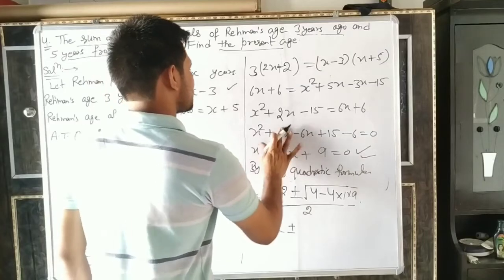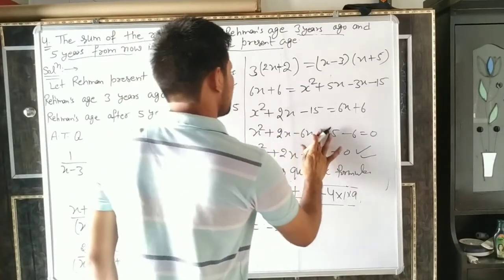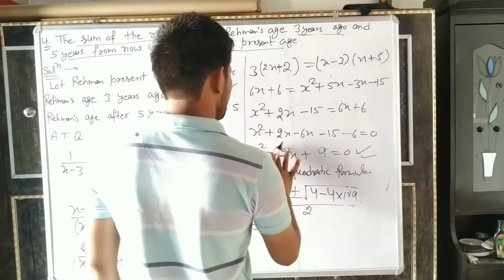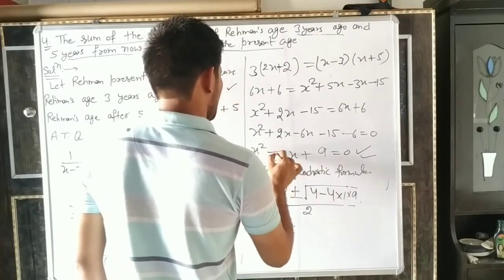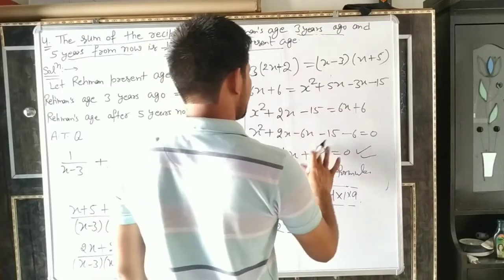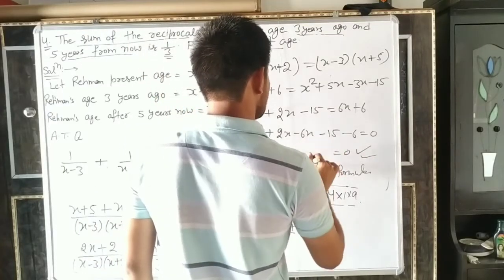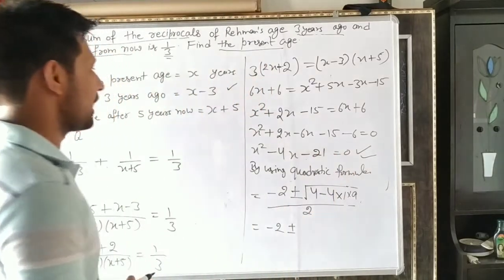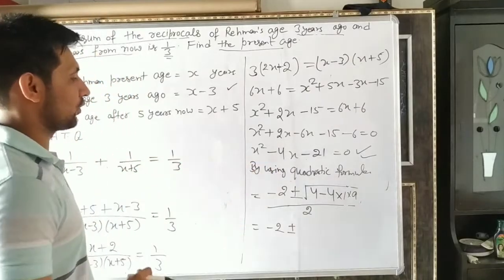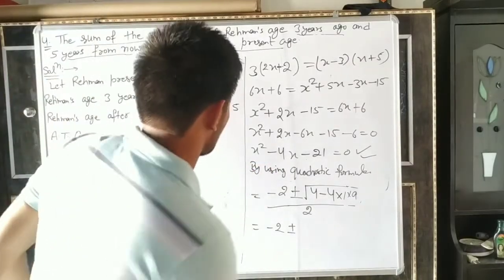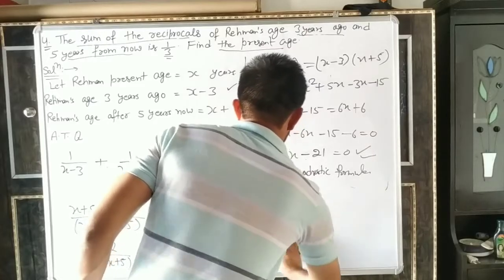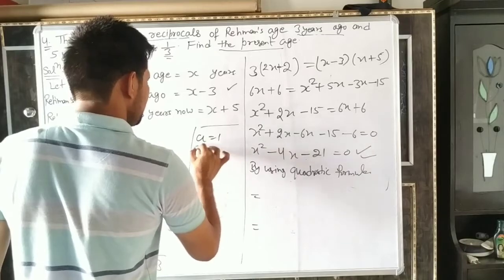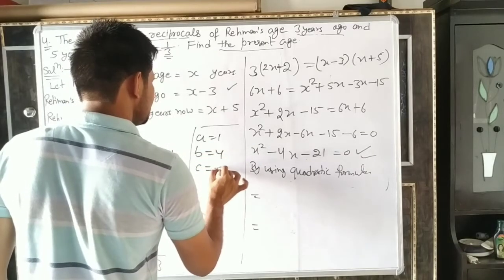And 2x minus 6x, it is minus 4x dear. And it is minus 15 minus 6, it is minus 21. And now we will write b is minus 4. So please do it yourself. So again I am writing here, look. A is 1, b is minus 4 and c is minus 21.